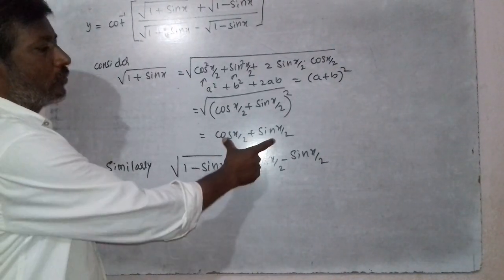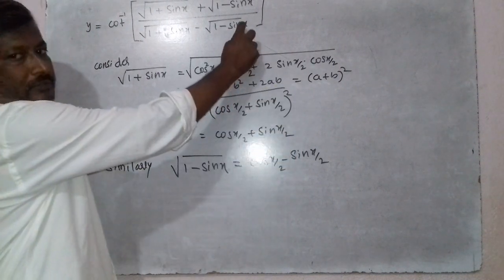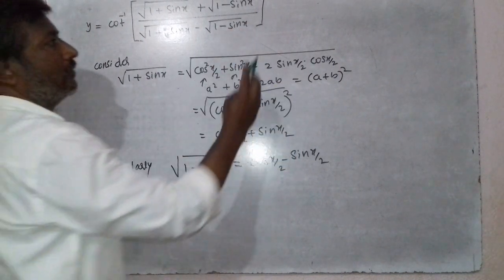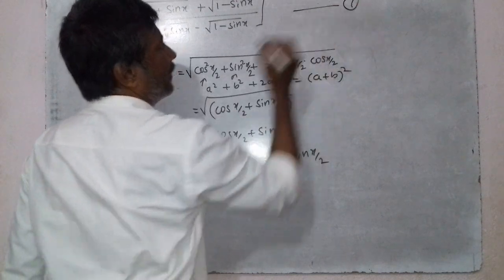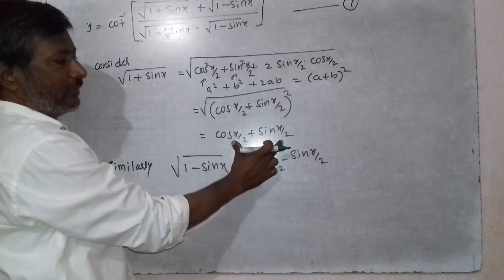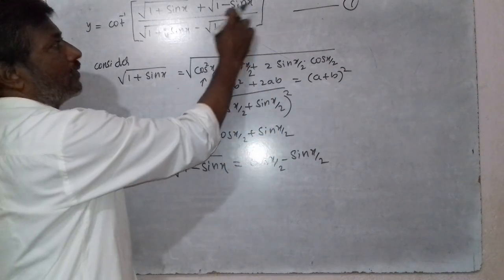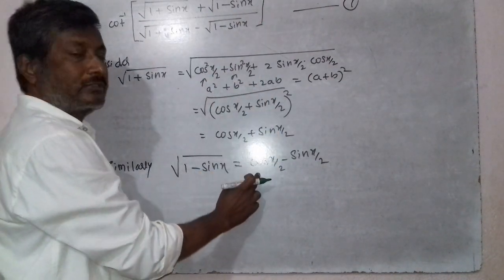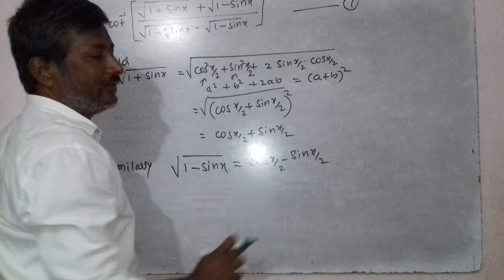Now put these values in this equation. Call this 1. So root of 1 + sin x is cos(x/2) + sin(x/2). Root of 1 − sin x is cos(x/2) − sin(x/2).